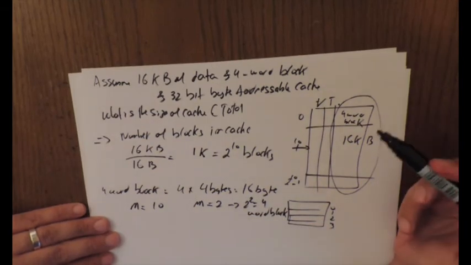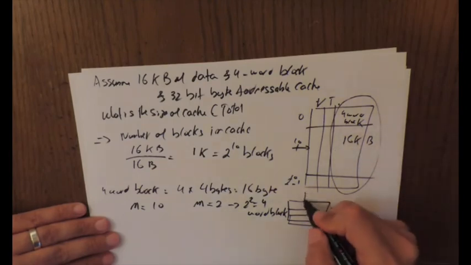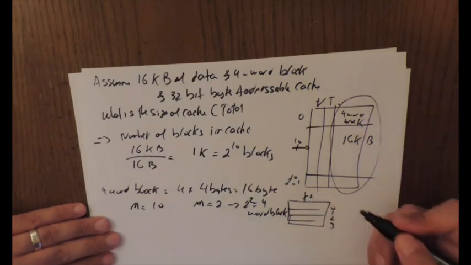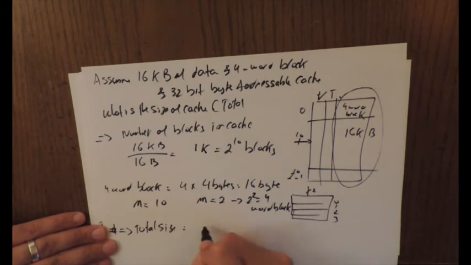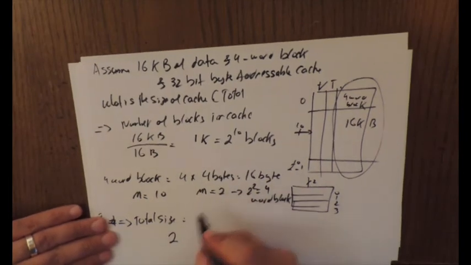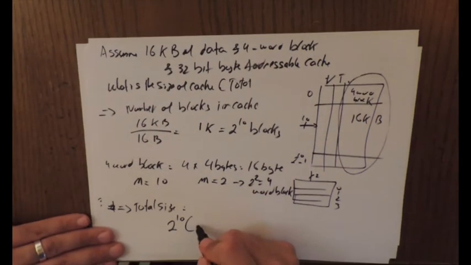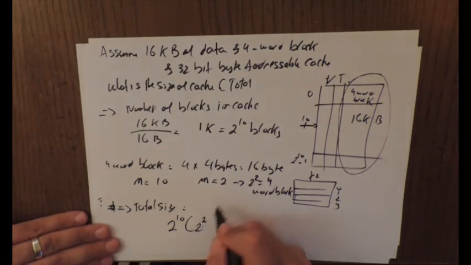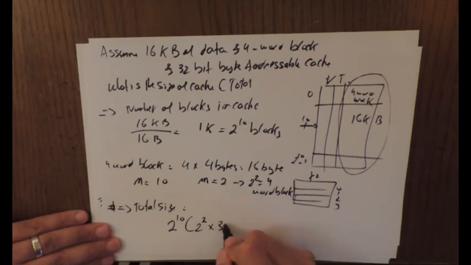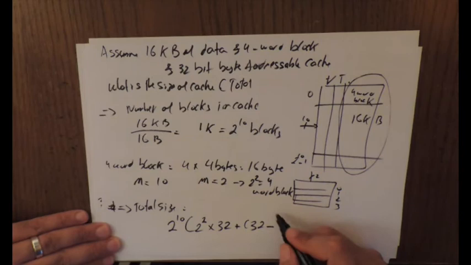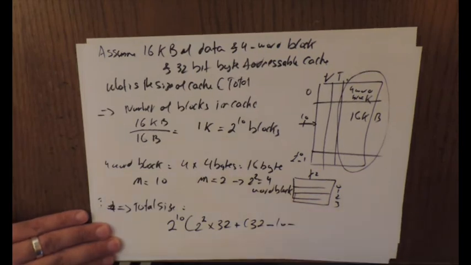We have byte addressing, this means I have 2 bits for bytes. This implies that the total size is equal to 2 power 10 times 2 power 2, which is the number of words, and each word is 32, times 32 plus 32 minus n, which is 10, minus m, which is 2, minus the offset 2, plus 1.